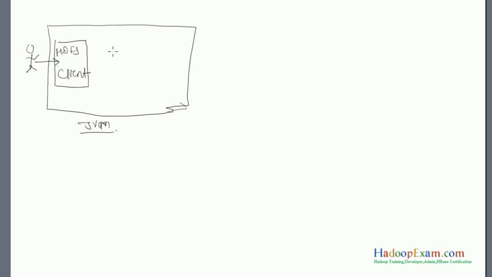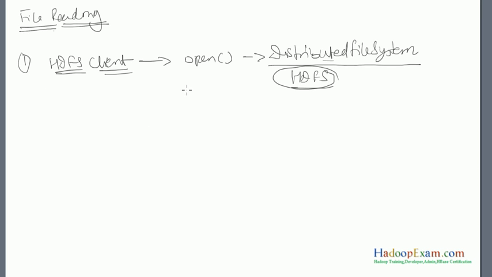Let me draw the diagram for the next step. This is your distributed file system in your HDFS client, and it calls the open method. What does this open method look like? You call the open method with a path object as input, and the output would be an FSDataInputStream.